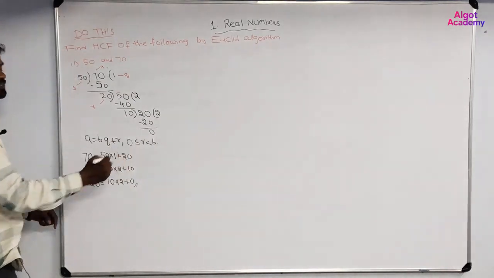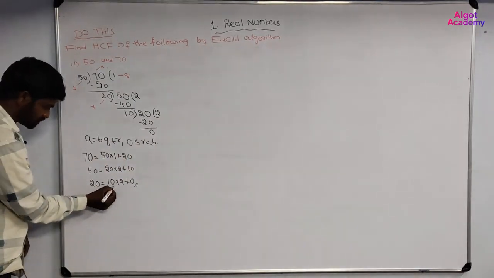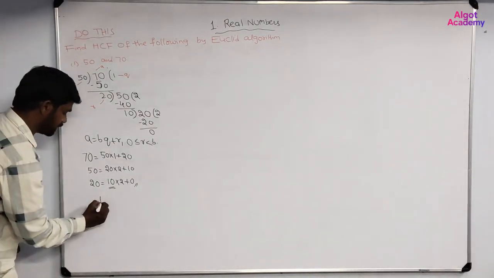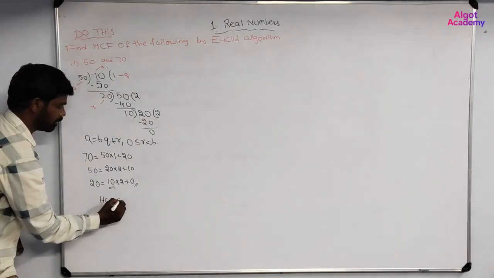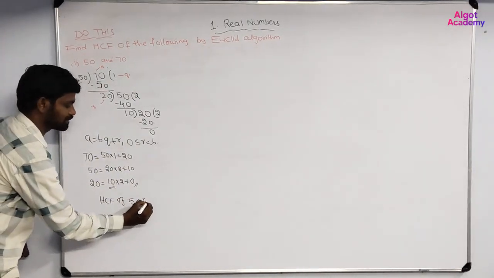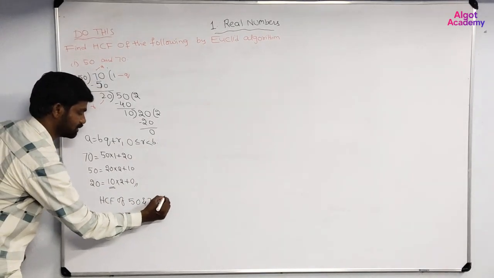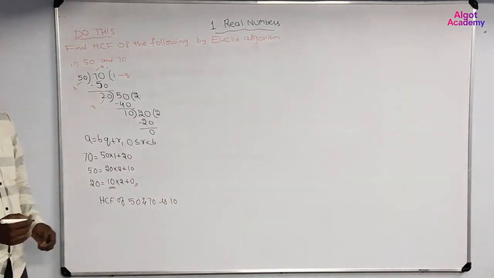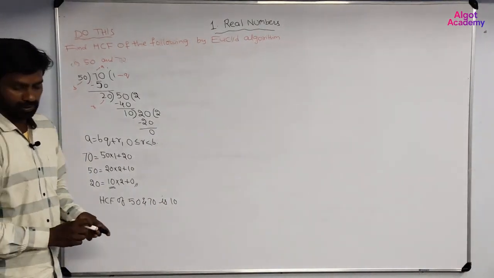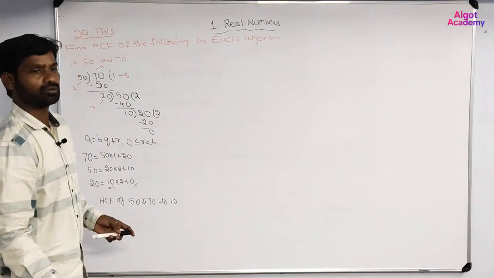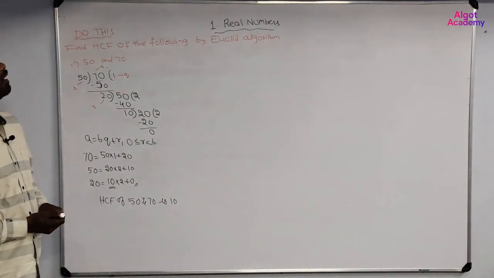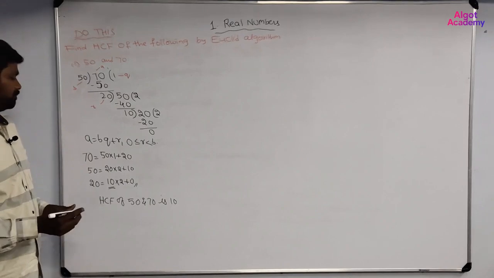When the remainder is 0, this divisor value is called the HCF. So the HCF of the two numbers 50 and 70 is 10. In this manner, we have to find the HCF by using the concept called Euclid's algorithm.